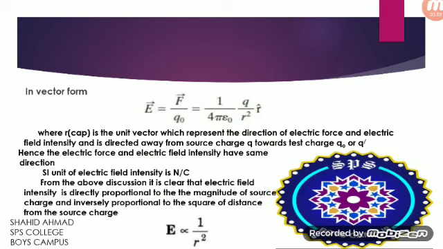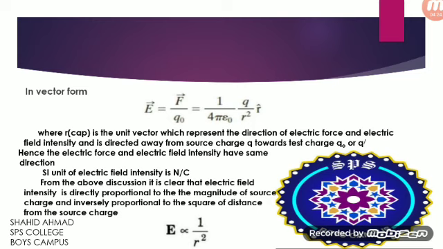In vector form, E is equal to F divided by Q naught, or E is equal to 1 divided by 4 pi epsilon naught Q divided by R square R cap, where R cap is the unit vector which represents the direction of electric force or electric field intensity and is directed away from the source charge Q toward the test charge Q naught or Q dash.